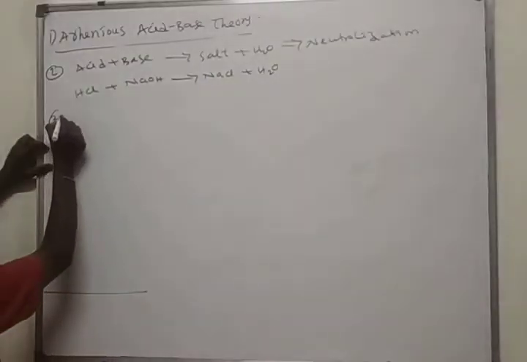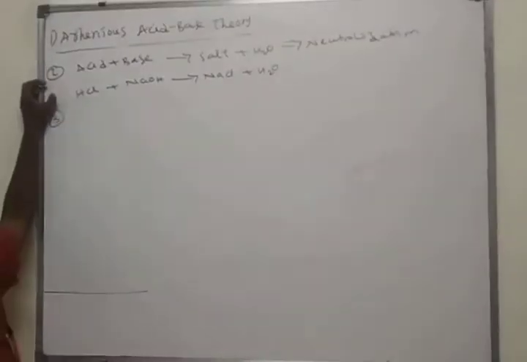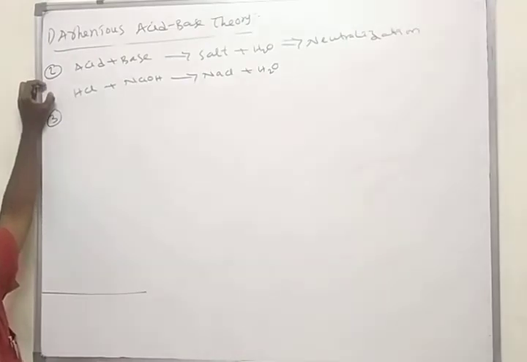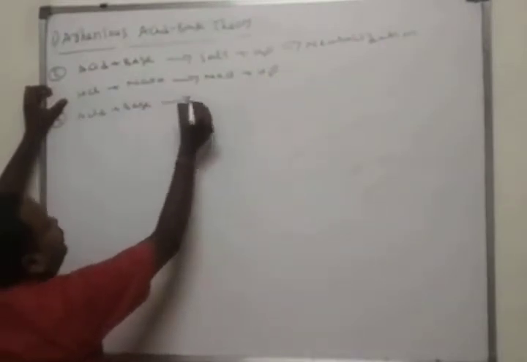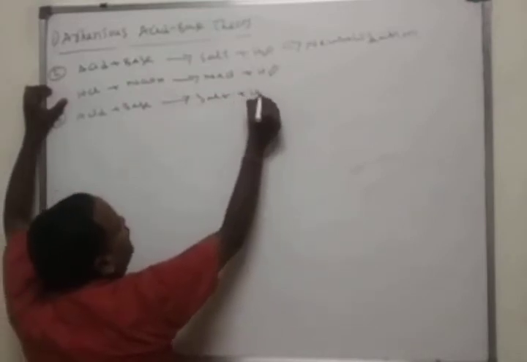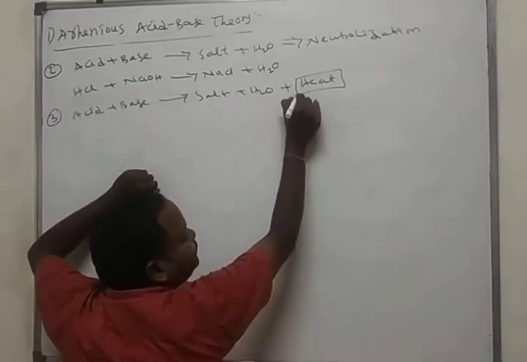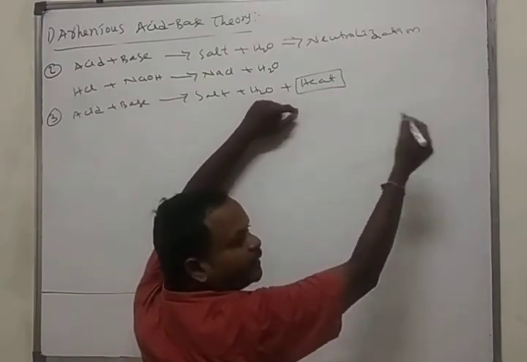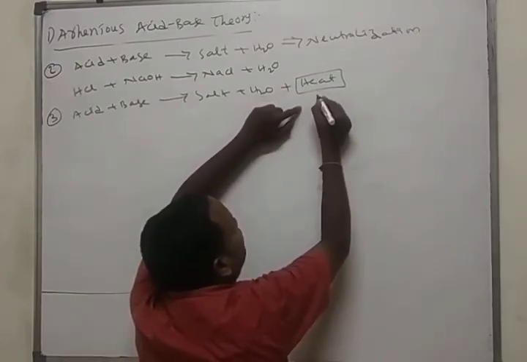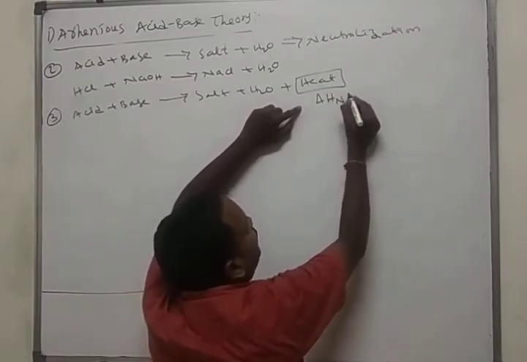When an acid and base undergo a neutralization reaction, some amount of heat is evolved. We call that the heat of neutralization or enthalpy of neutralization, delta Hn, where n means neutralization.